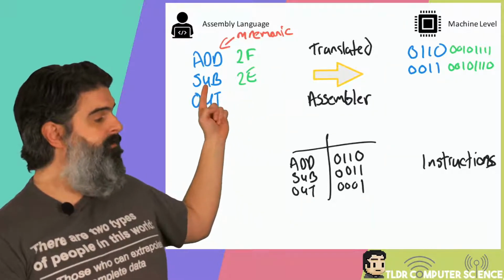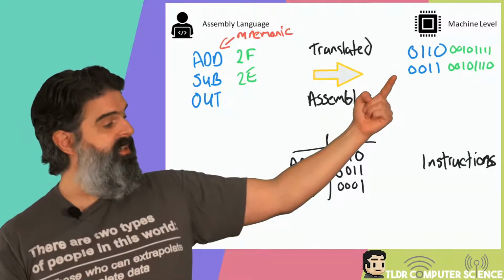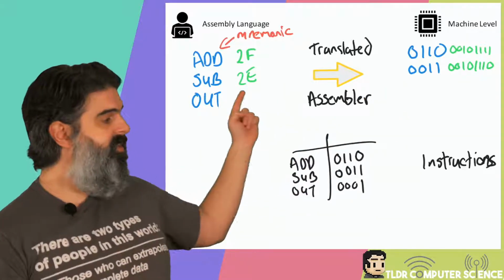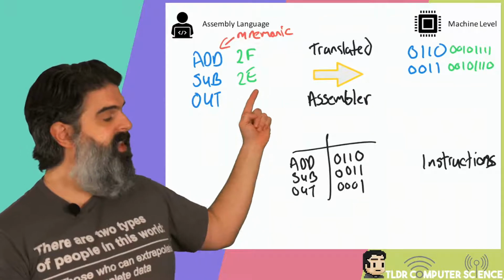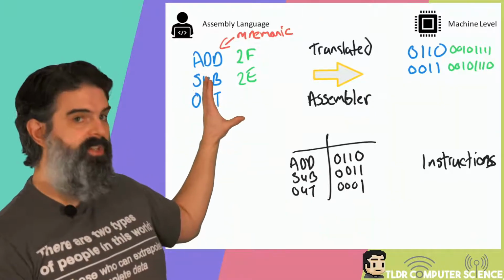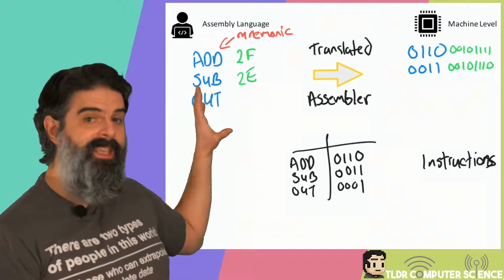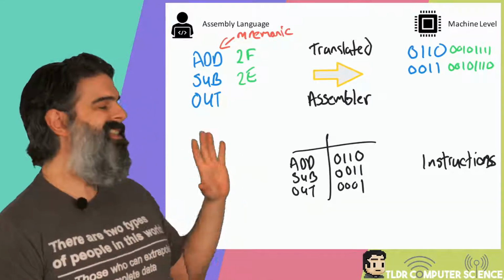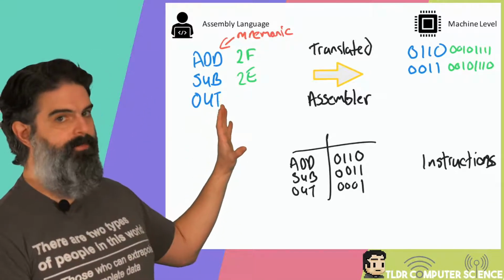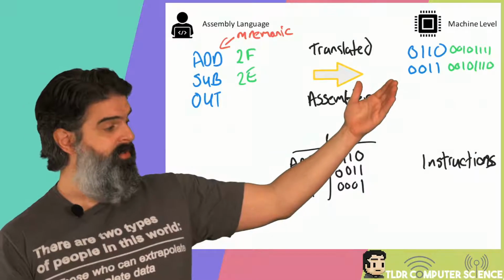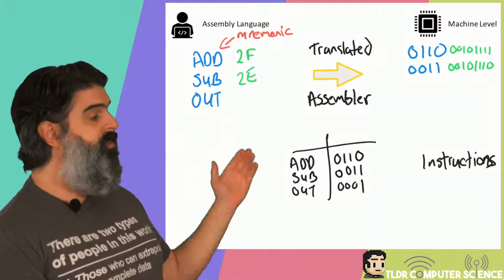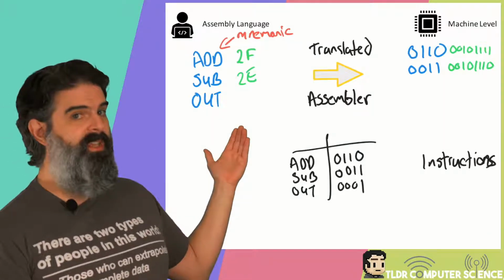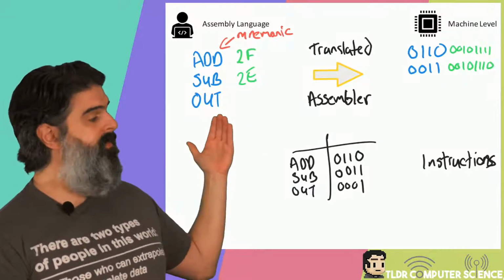Instead of having to remember that to subtract was 0011, I can just write the word subtract. So assembly language is about making it slightly easier to program. It would still be hard, but slightly easier. If everyone had to program doing that, I think hardly anybody would be programming. Assembly made it slightly easier. Still a tiny amount of people, but slightly easier.